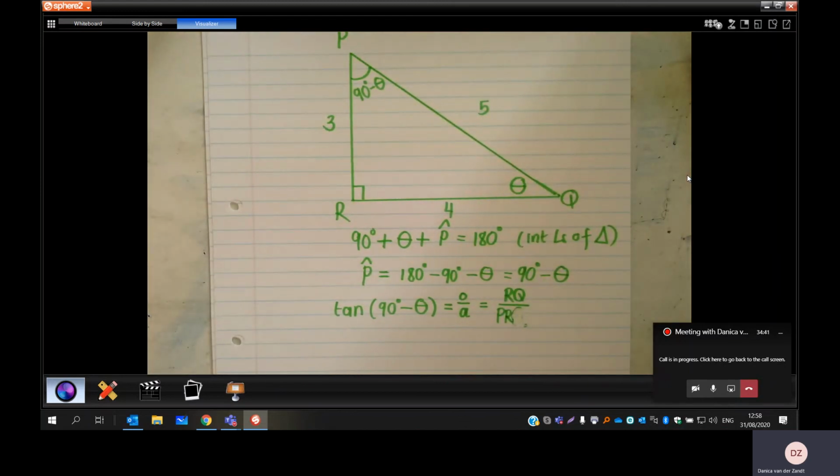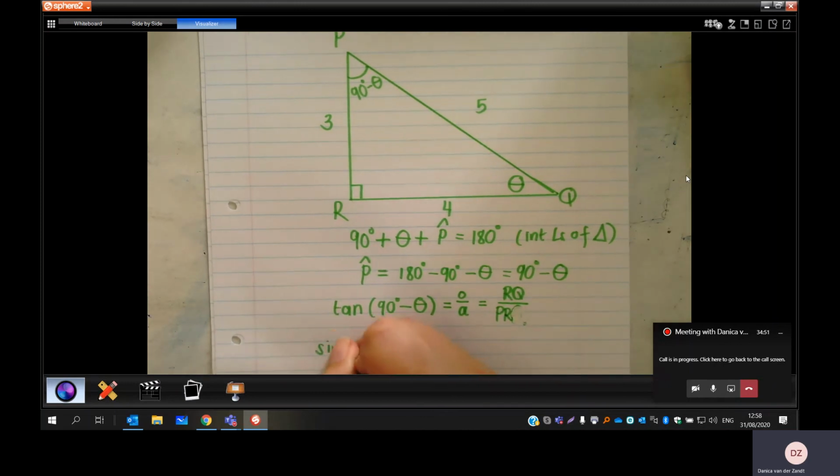I'm going to ask you to calculate and give me the most simplified ratio of the following. Sine theta, cos theta, tan theta, sine 90 minus theta, cos 90 minus theta, tan 90 minus theta.